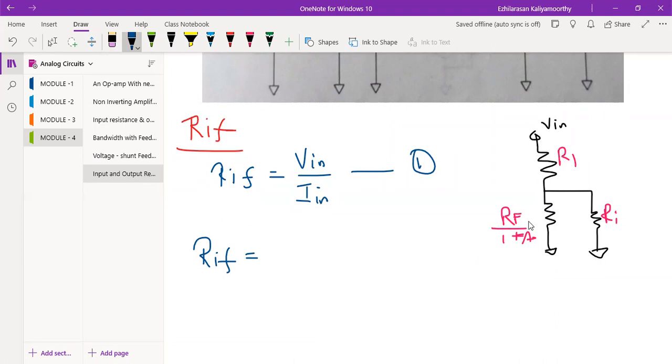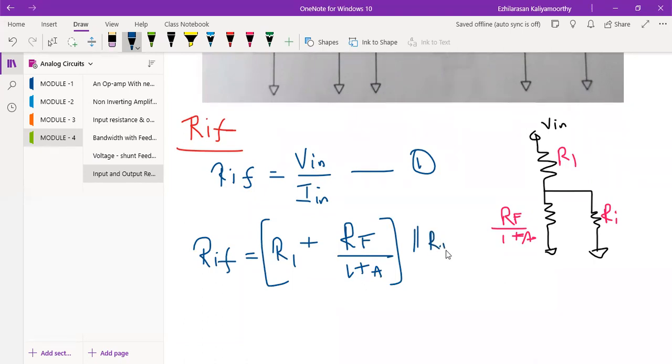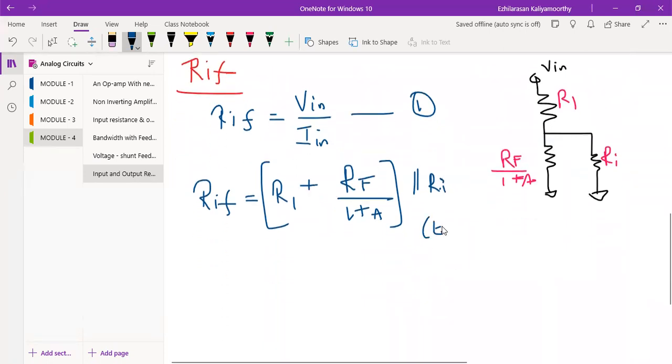Then this whole thing will be in parallel with Ri. So I can write R1 plus RF divided by 1 plus A, and this term will be in parallel with Ri.